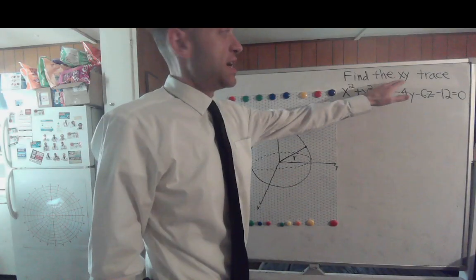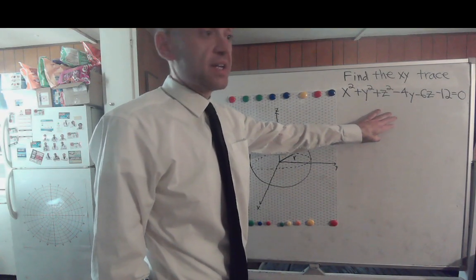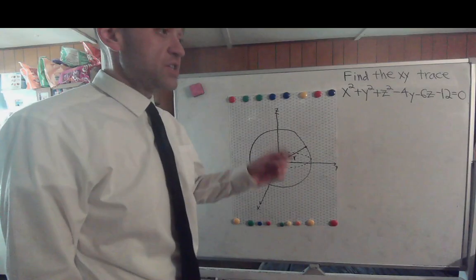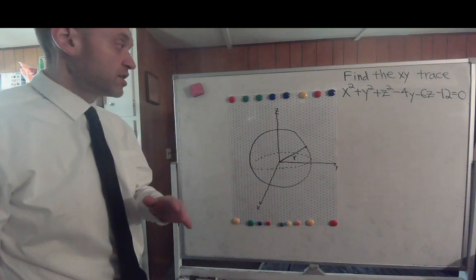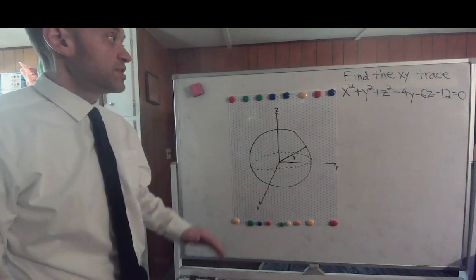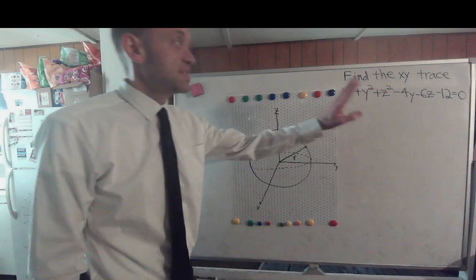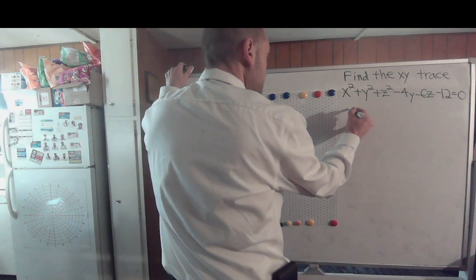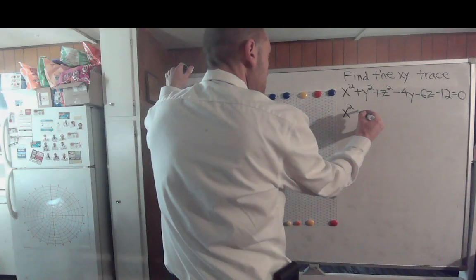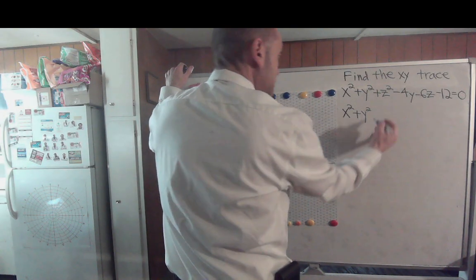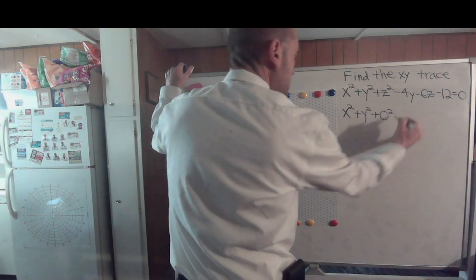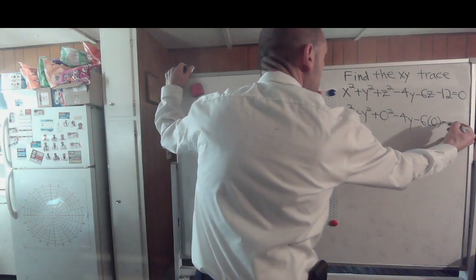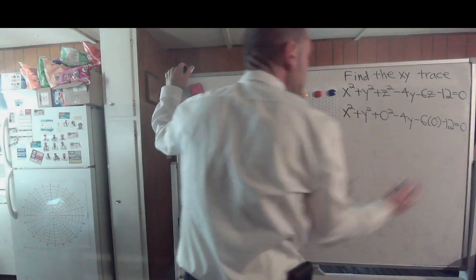Now, we're just going to find the traces. We don't care about finding the center or radius of the sphere itself, but we do care about them for its traces. So an xy trace means we're going to take this sphere and map it into two dimensions on the xy plane, which means we have to set z equal to 0. So this turns into x² + y² + 0² − 4y − 6(0) − 12 = 0.